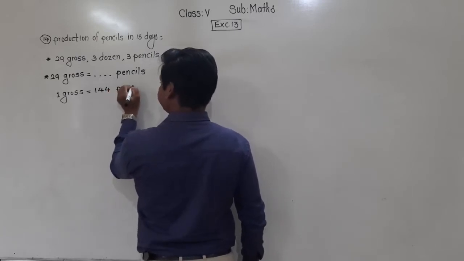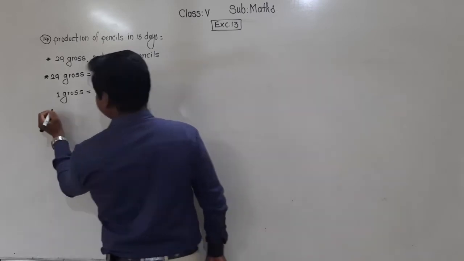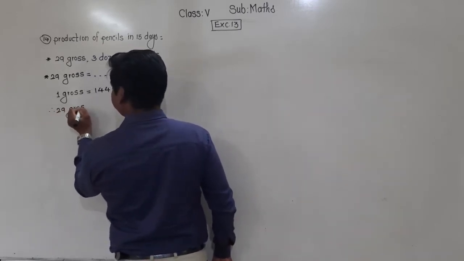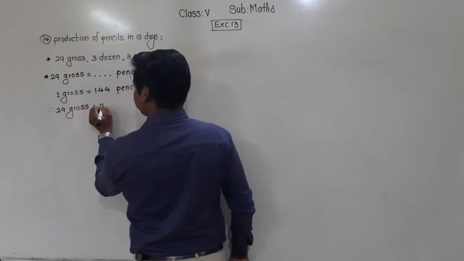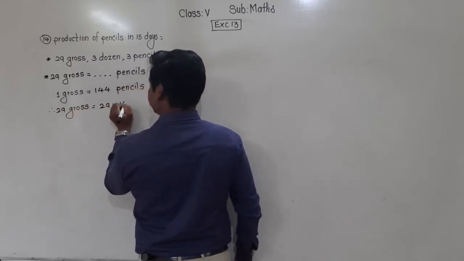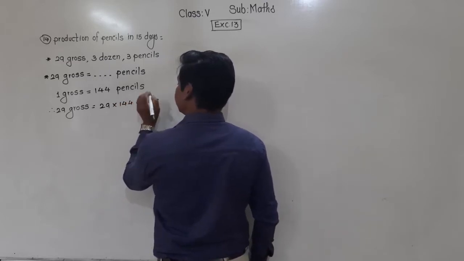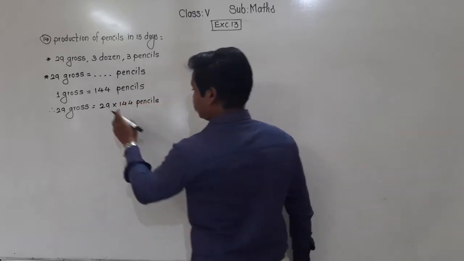That is why 29 gross is equal to 29 into 144 pencils.